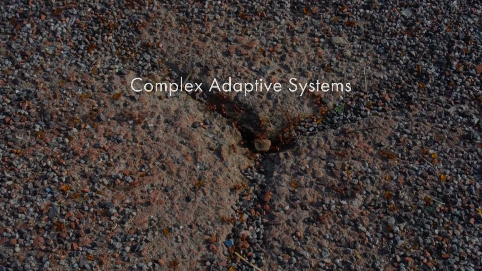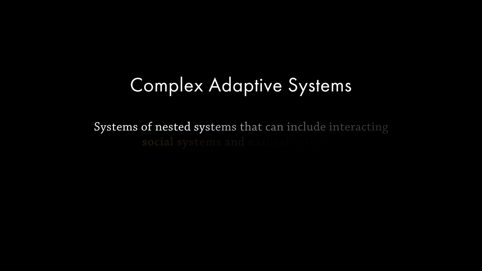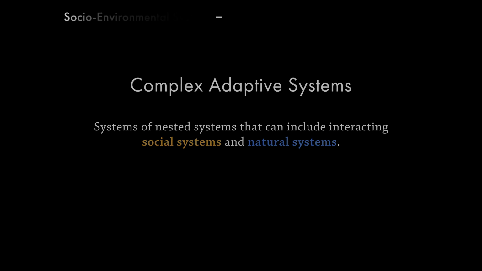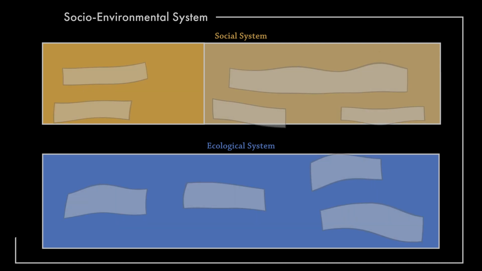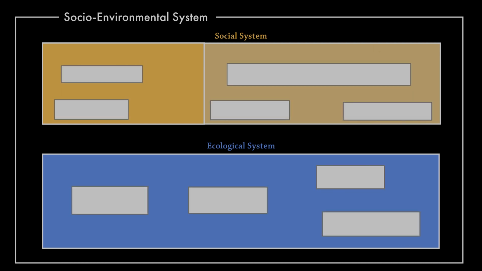interacting individuals. Now, complex adaptive systems are actually systems of nested systems, and in the case of socio-environmental systems, these include interacting social systems and natural systems. So in this particular image, each of the three major boxes have smaller rectangles that represent subsystems with different dynamics.